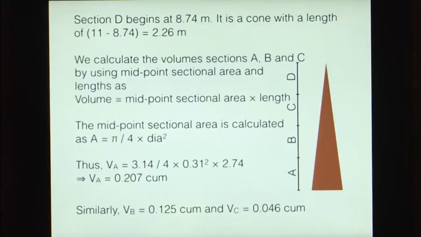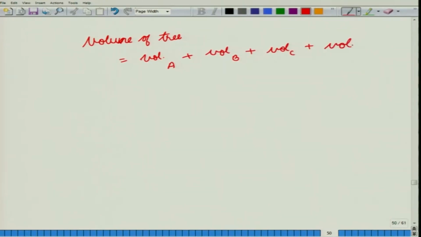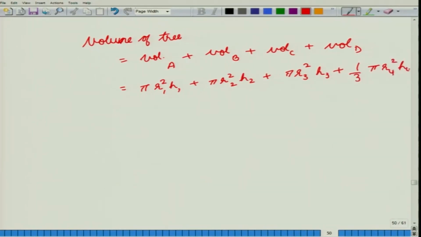So, if we did all the calculations, we would find that the volume of the tree is equal to the volume of section A plus the volume of section B plus the volume of section C plus the volume of section D. The first case is a cylinder, so you use pi r square h: pi r1 square h1 plus pi r2 square h2 plus pi r3 square h3 plus, as the fourth section is a cone, one third pi r4 square h4.